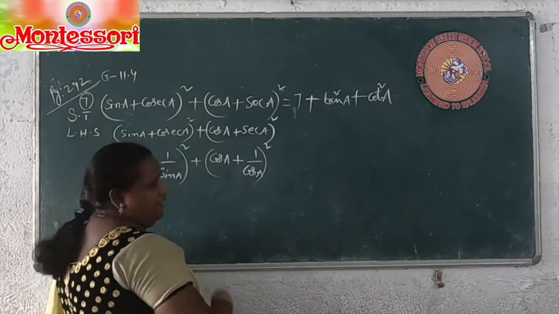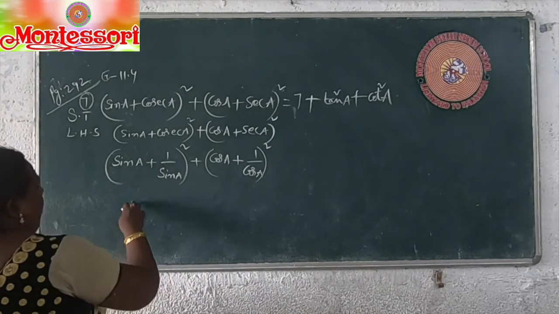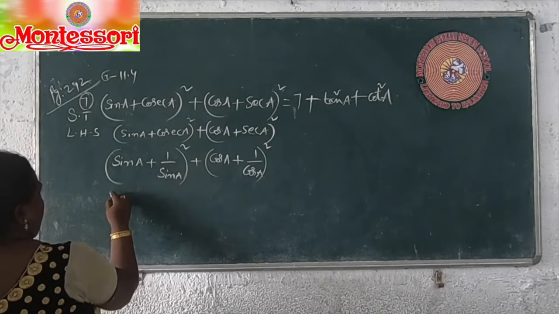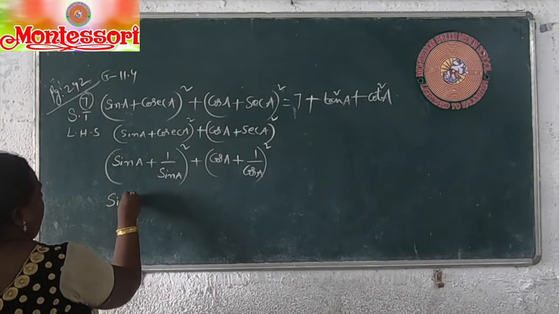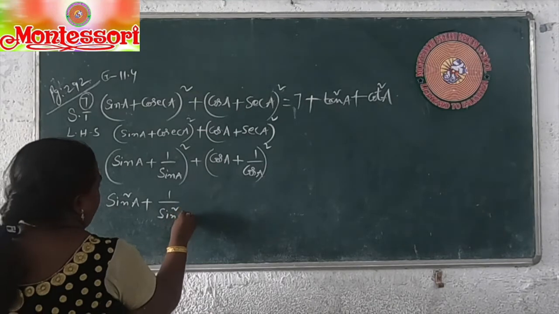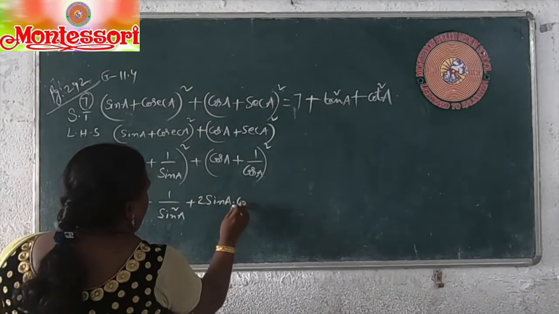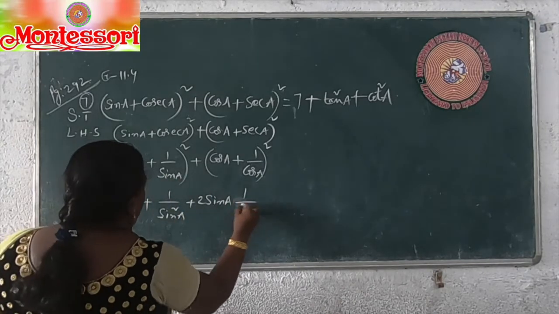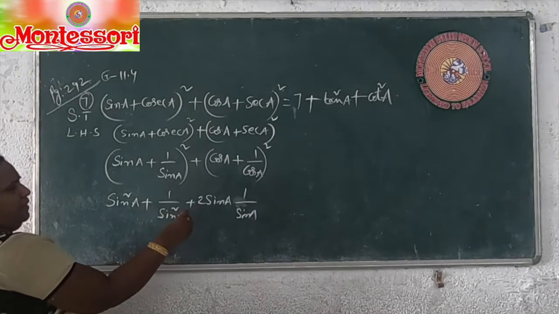Otherwise, we can go for another easy method, that is (A plus B) whole square. Now sin square A plus 1 by sin square A plus 2 sin A into 1 by sin A, that is 2AB. See, (A plus B) whole square is A square plus B square plus 2AB.